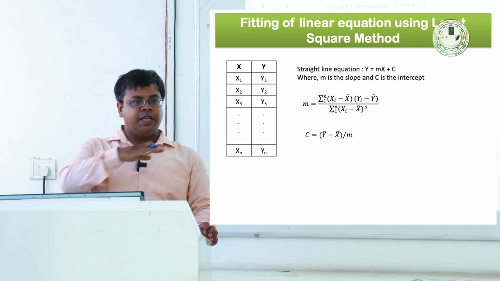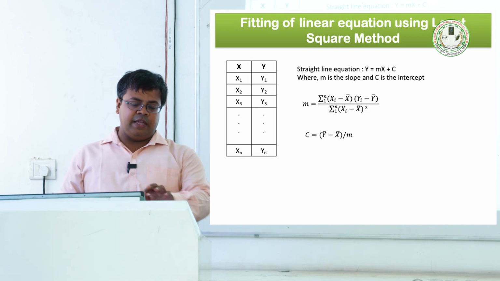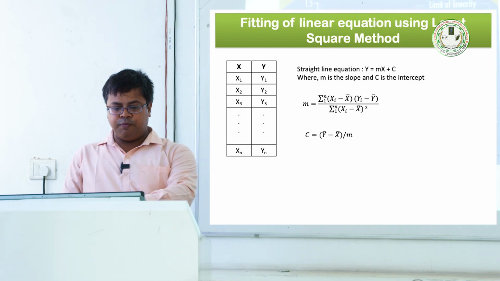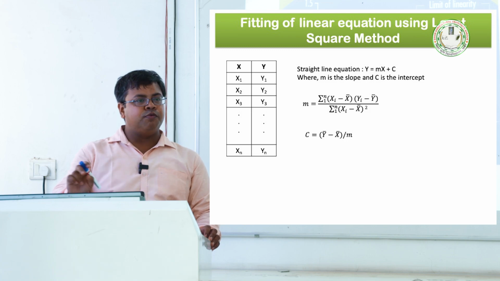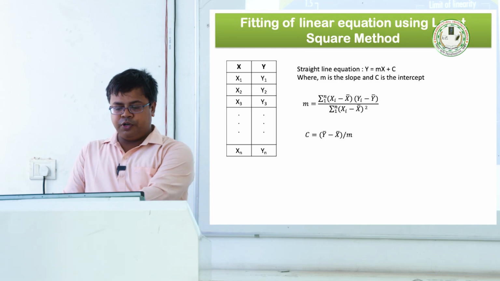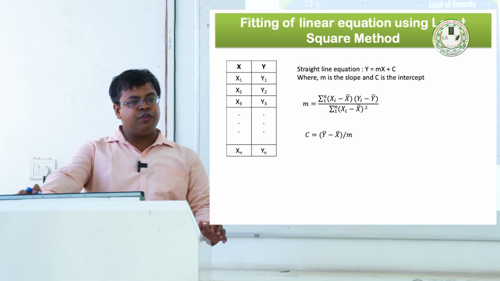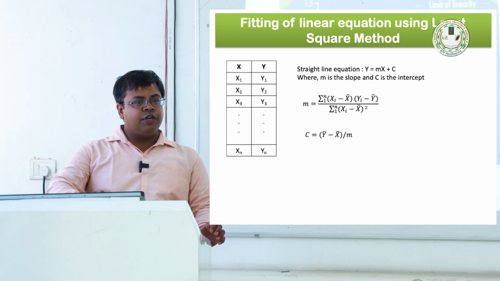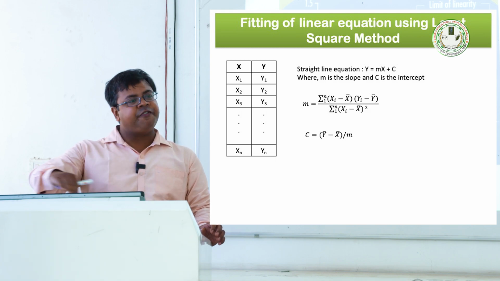On the x axis, the horizontal axis, we will put the concentrations, and on the vertical axis we will put the absorbance or emissions. Okay. Now accordingly we will put the points corresponding to the concentration and the emissions. It will look like dots oriented in a specific fashion.